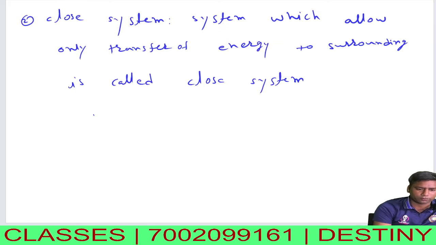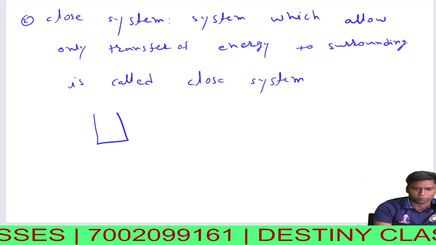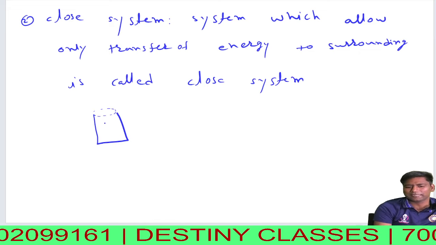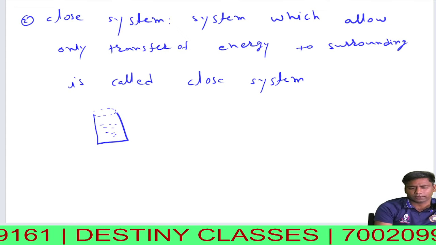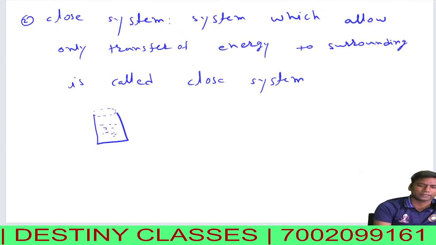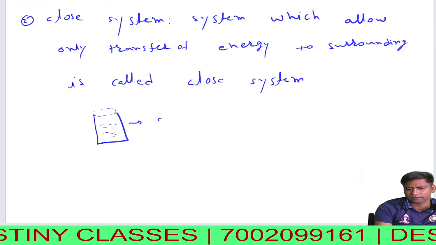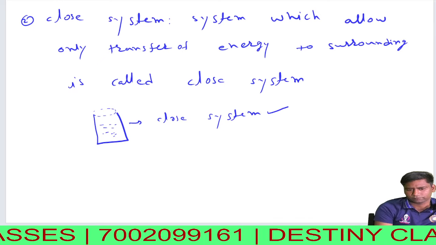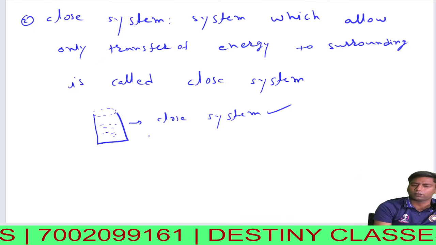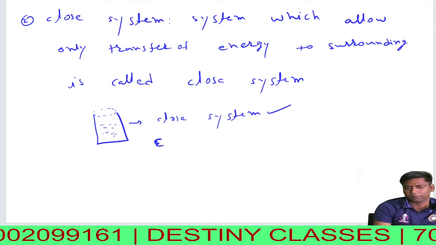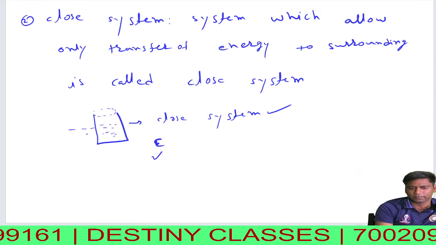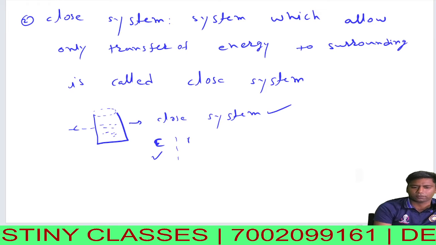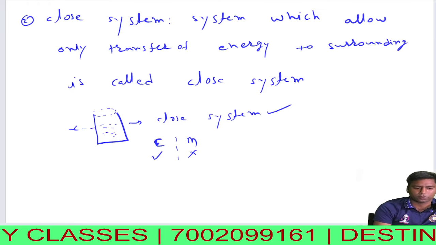So what we do, we now put one lid or cap. It will restrict the flow of matter, so it will act as a closed system. Okay, student, it will not allow the transfer of matter. It will only exchange energy through the conducting wall to the surrounding. It only allows energy to exchange, not matter. This is called the closed system.